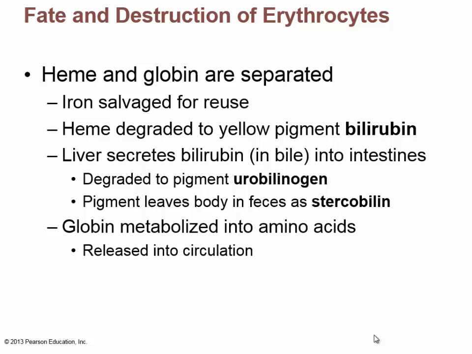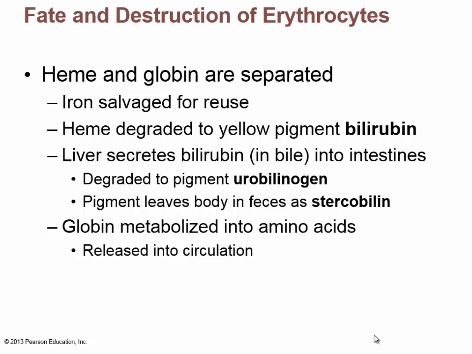But that heme molecule gets turned into a pigment known as bilirubin. The liver is going to grab onto that bilirubin and then secrete it into the intestines. So we're taking that yellow pigment and secreting it into the intestines. It gets degraded down to another pigment known as urobilinogen. I don't really care about that pigment.